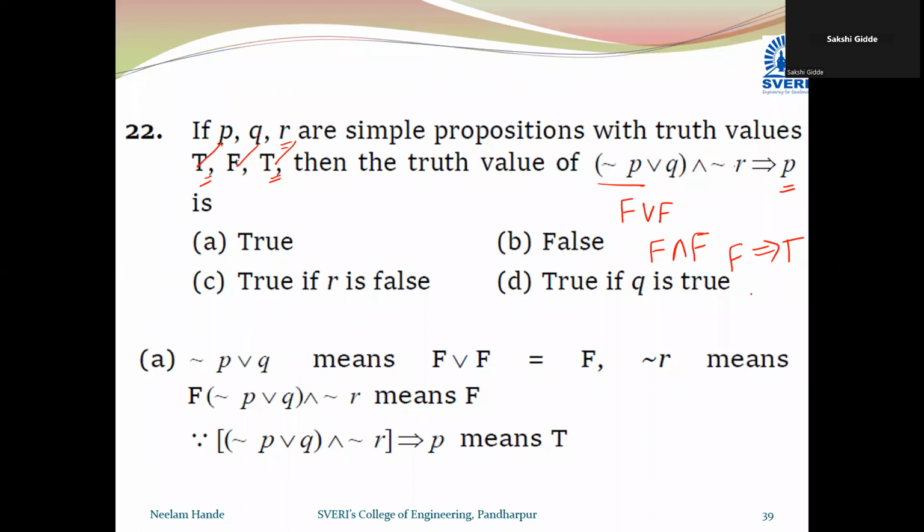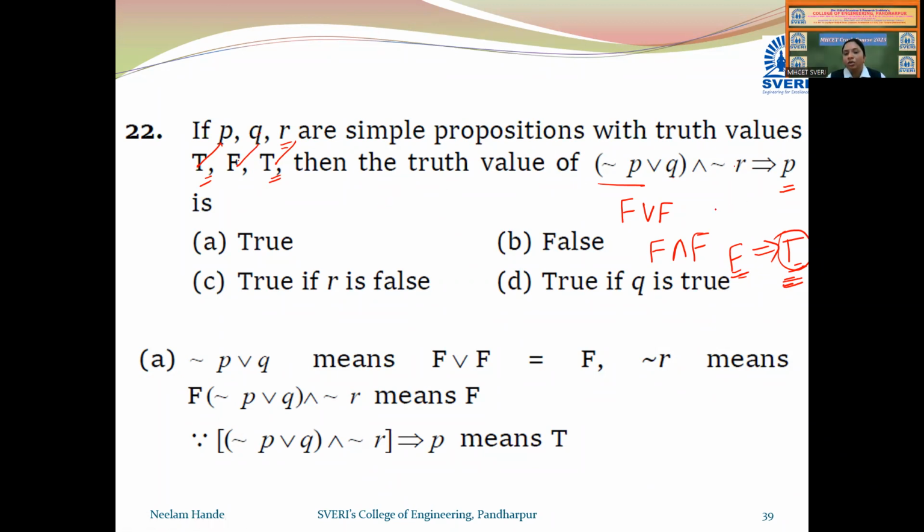You need the implication table. What should be here so that it will be true? T, ma'am. Can you explain why it is T? Here it is F implies T. Why is your answer T? Ma'am, because T implies F is false, otherwise true.